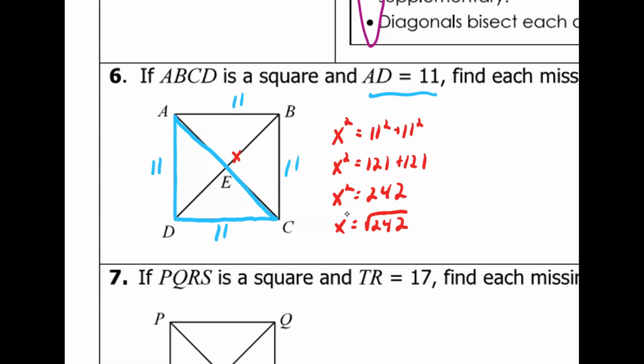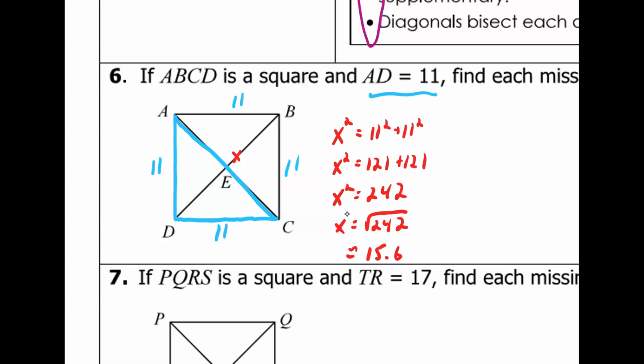If you want a number that means a little more to you, you're going to have to put that in a calculator and get a decimal. The square root of 242 is approximately 15.6.